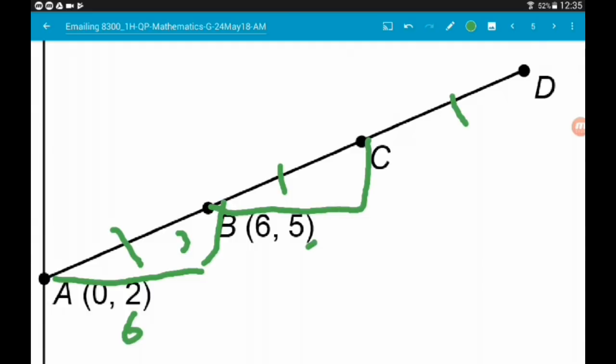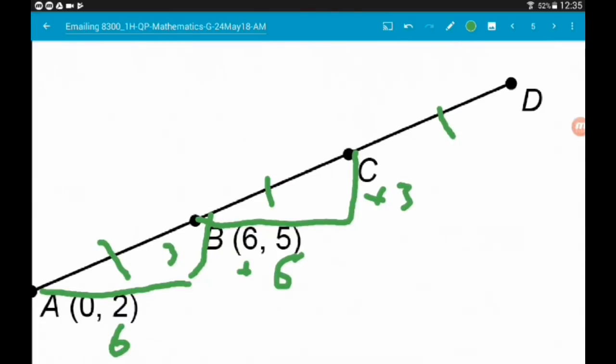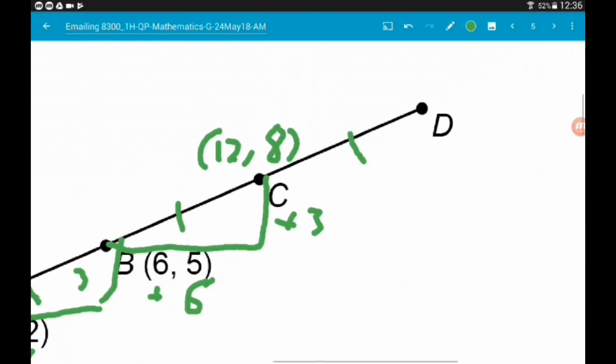So we go 6 along, and then we go 3 up. So the coordinates of point C are going to be 12, and the y coordinate is 5 plus 3, which is 8. So then to get from C to D, we do exactly the same again.